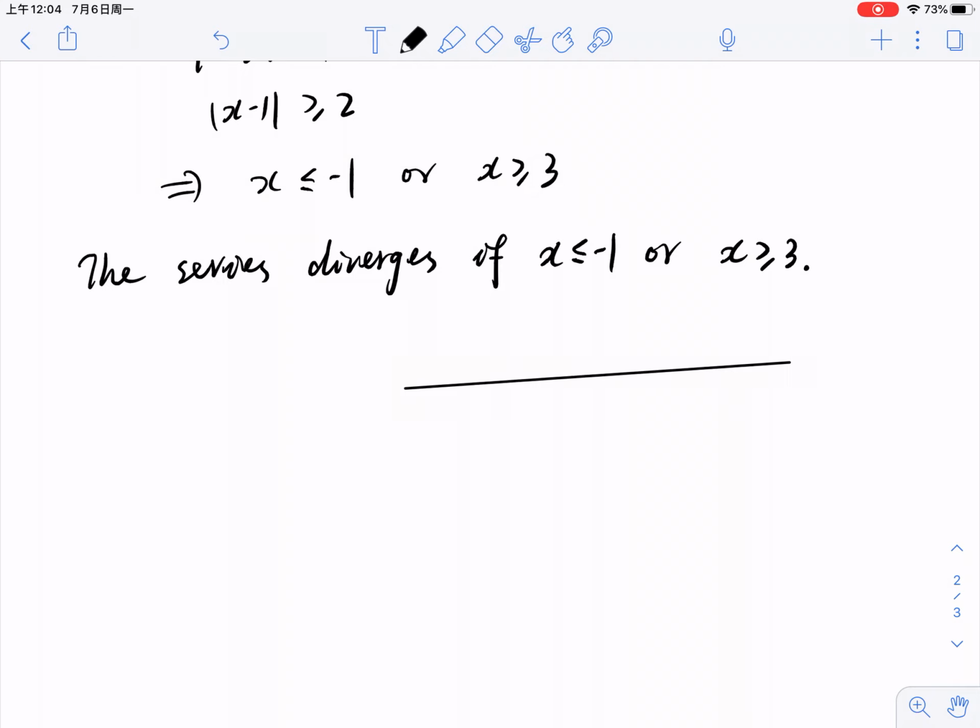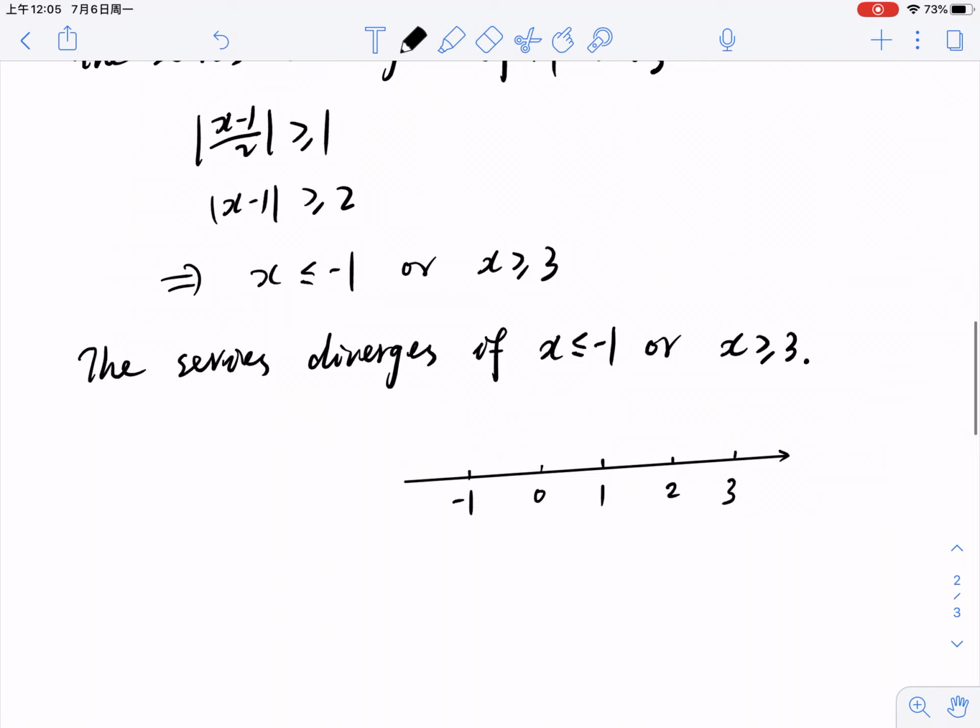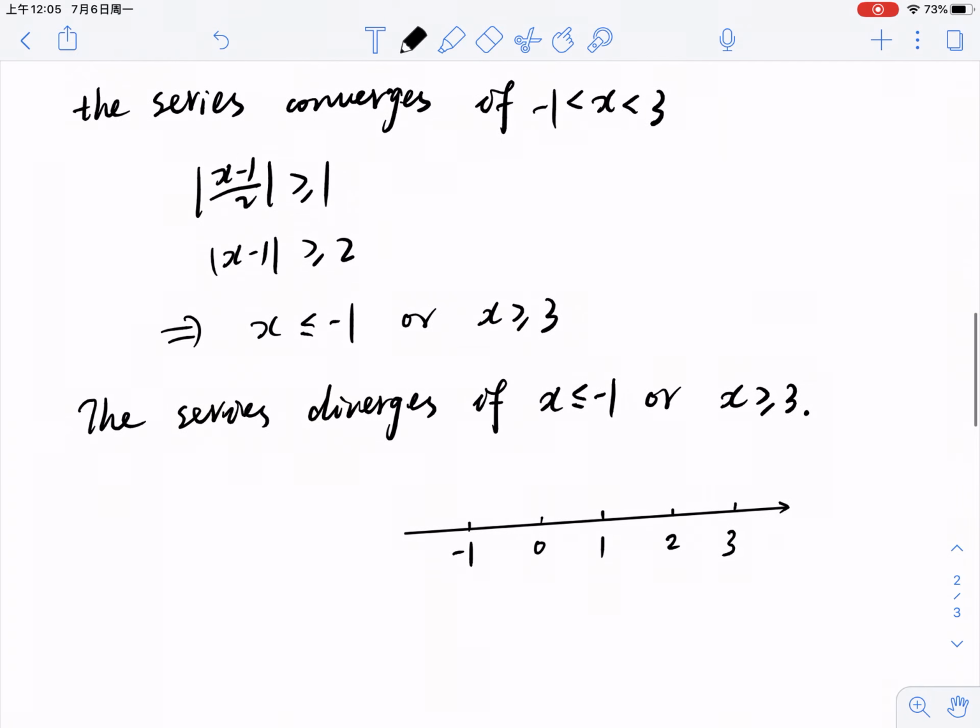If we draw it on the real number line, with the points negative 1, 0, 1, 2, 3, we have convergence if x is between negative 1 and 3, and divergence if x is less than or equal to negative 1 or greater than or equal to 3.